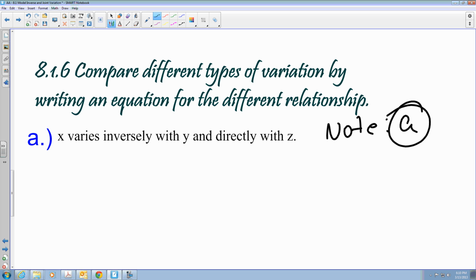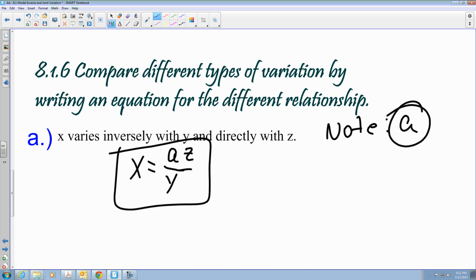Even though it doesn't say it in the example, your constant of variation will be part of your equation. So x varies inversely with y, which means it's going to be a divided by y, and then directly with z, so z is going to be on the top. That's how you write this equation.